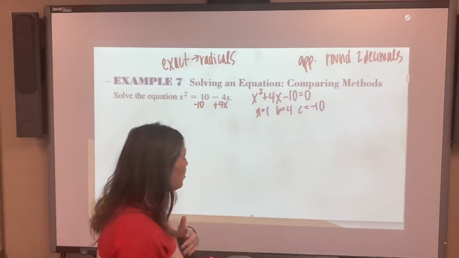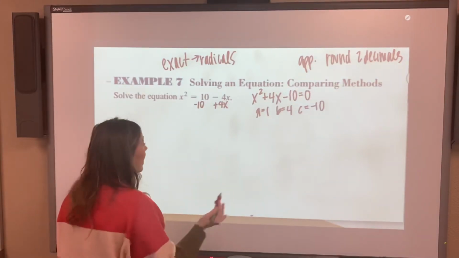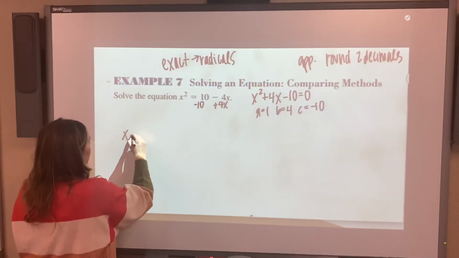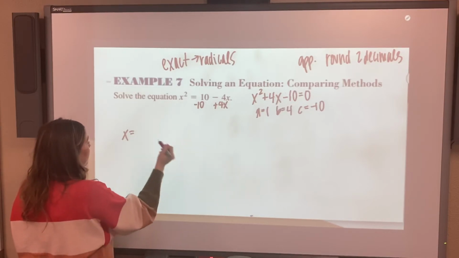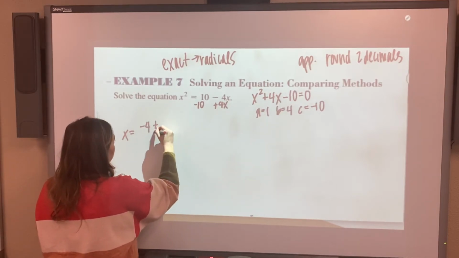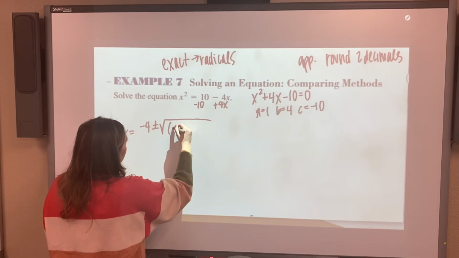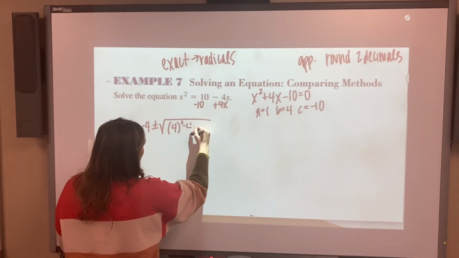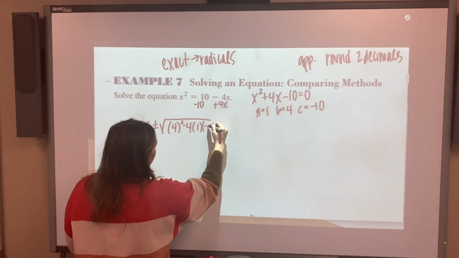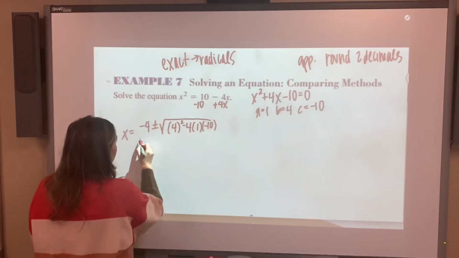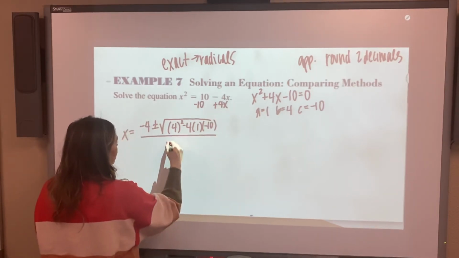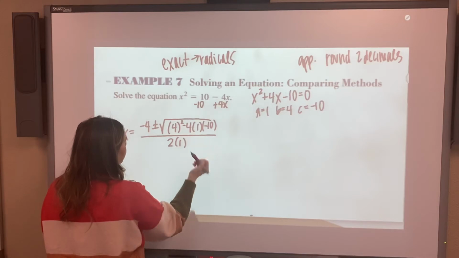So what we're gonna have to do is quadratic formula, which I love. I prefer this method. So we have x equals negative b, so negative 4 plus or minus the square root of 4 squared minus 4 times a, which is 1, times c, which is negative 10, okay? That entire thing is over 2 times a, which a is 1.